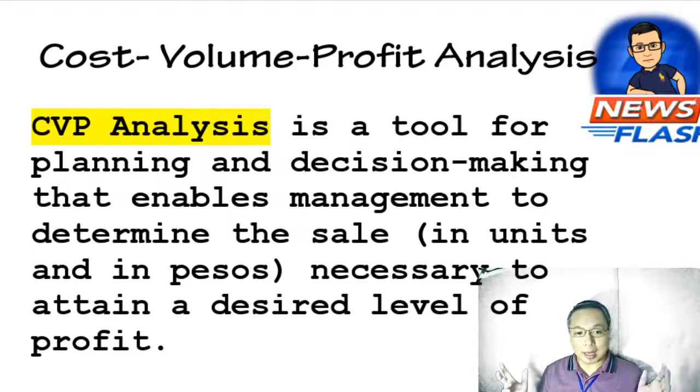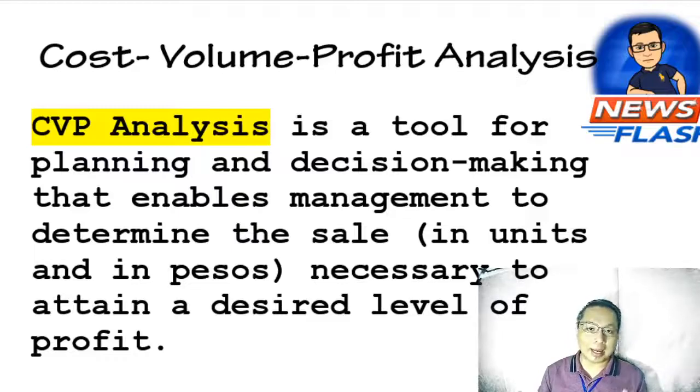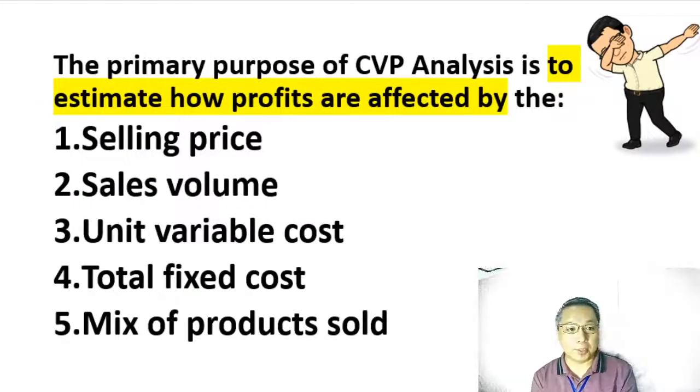But CBP as used in profit planning is more on short-term or tactical decision. So, dito, ang pag-uusapan natin is how can we determine what amount or what sales revenue is needed to earn a target or a desired level of profit. There are some factors that must be considered. Of course, in our analysis, we're going to use an equation, a CBP equation or what they call the contribution margin equation.